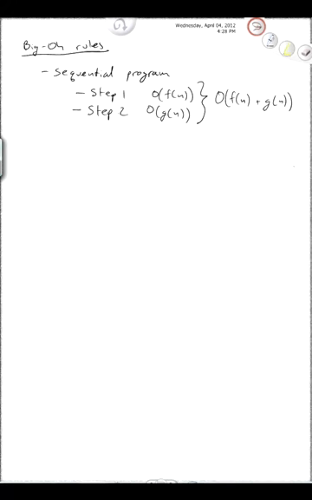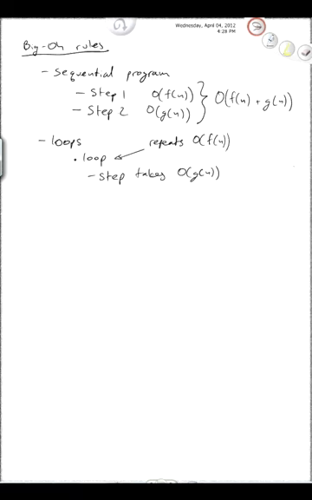So let's take a look at the second rule, which is about loops. Suppose that I have a program that looks like this. It's just a loop, and inside of the loop we do a step that takes, let's say, O of g of n time. And let's suppose that this loop repeats O of f of n times total.